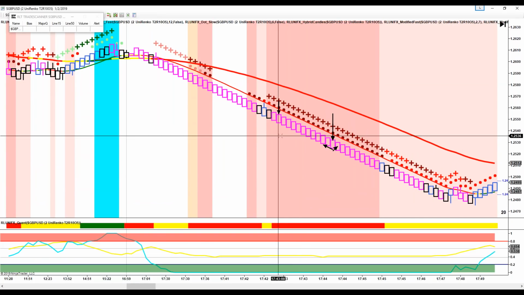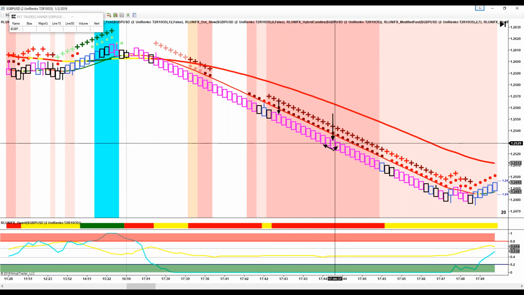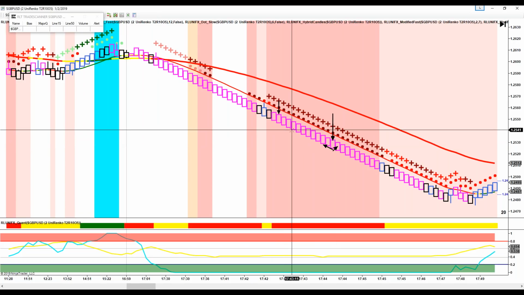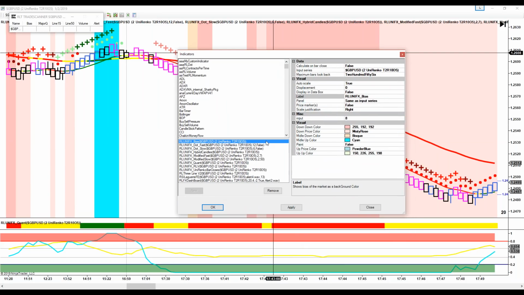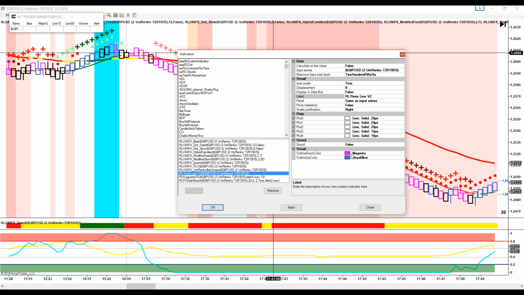Now, we can only make kind of a guess as to the color of the halo in real time, because they do change. But what we want, and you can decide what color you want on the 3 line. For down, I have magenta, and for up, I have royal blue.